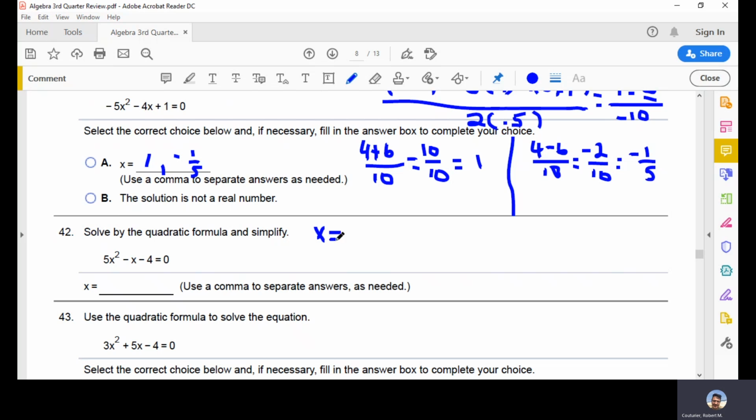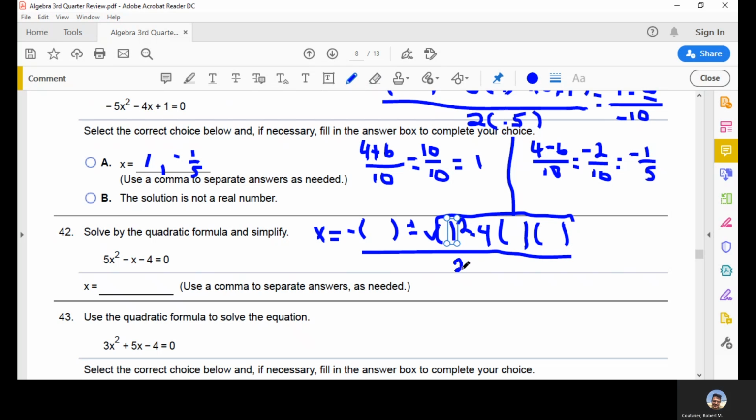X equals the opposite of B plus or minus the square root of B squared, whatever your B is, minus 4 times A times C, all divided by 2A.